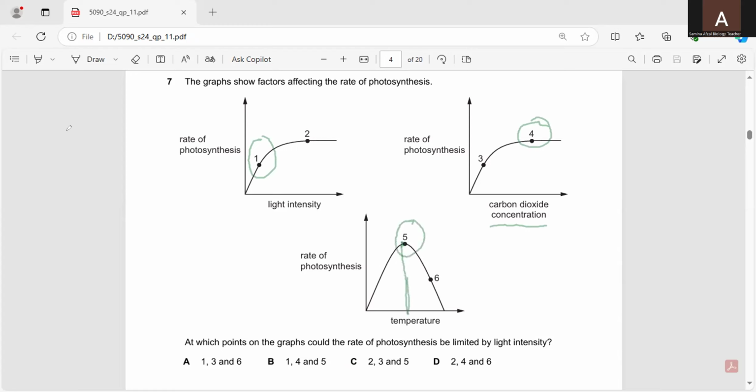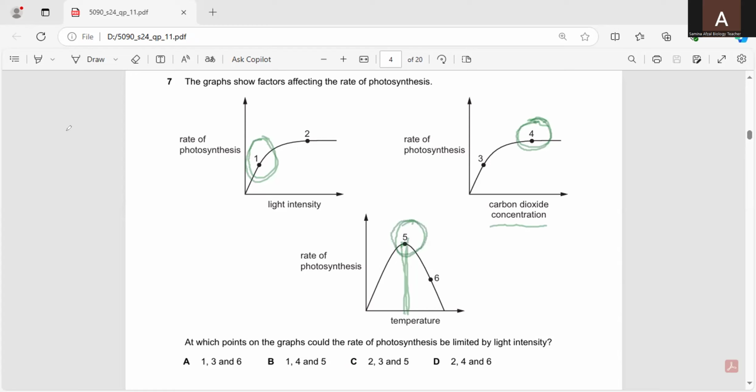You can say it shows the optimum temperature. As light intensity is increasing, the rate of photosynthesis will increase. When there is an increase in the concentration, the rate of photosynthesis will be at this point. At optimum temperature, the rate of photosynthesis will be at 5.